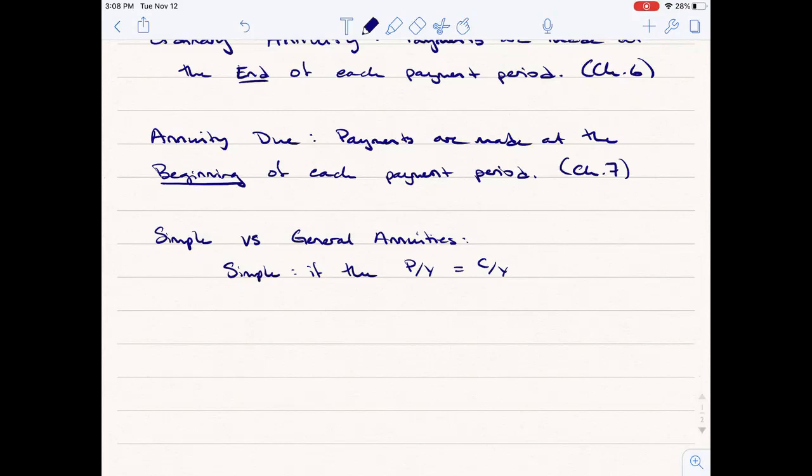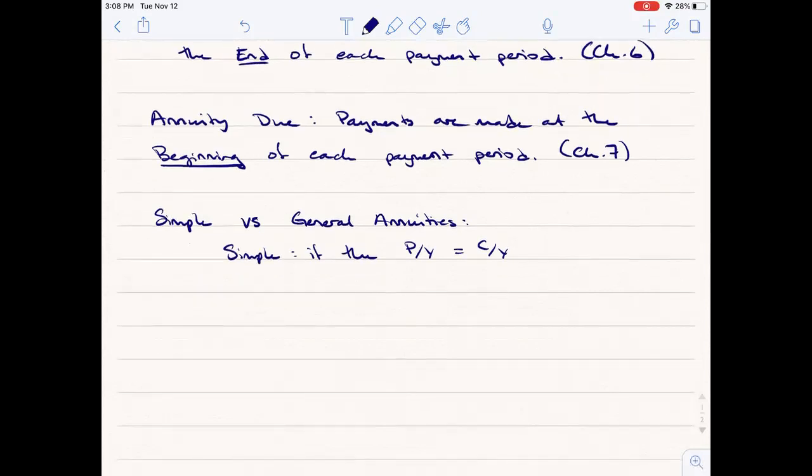Right. And it's a general annuity if the payments per year are not equal to the compoundings per year.